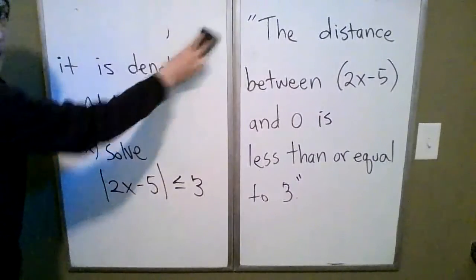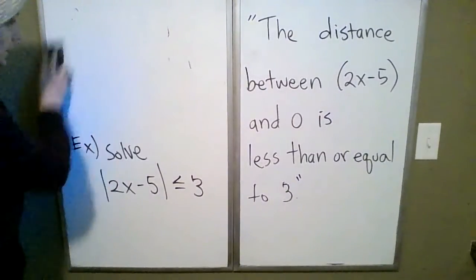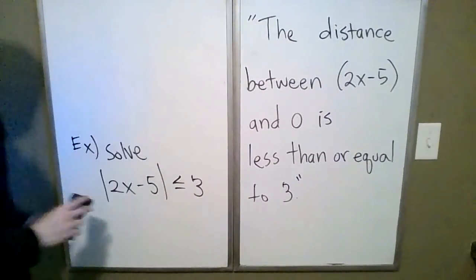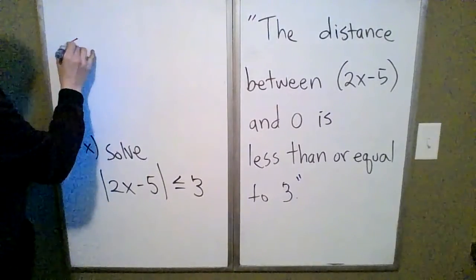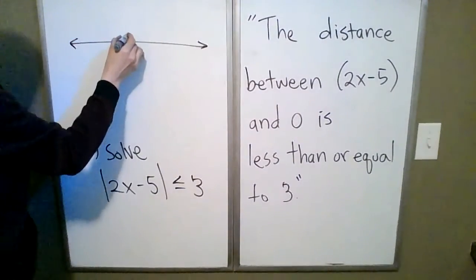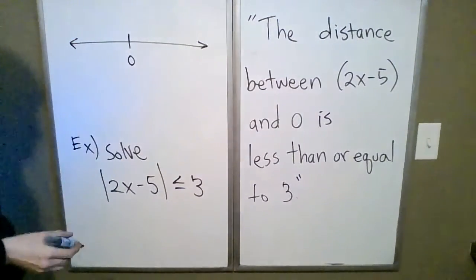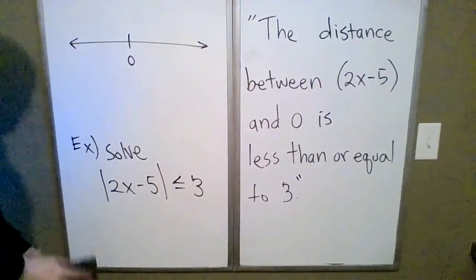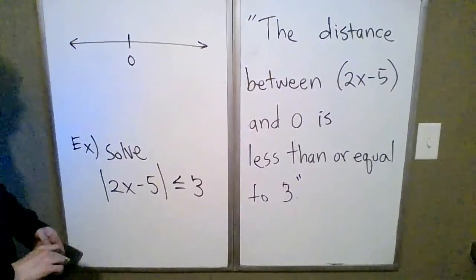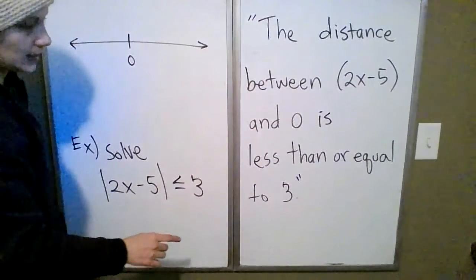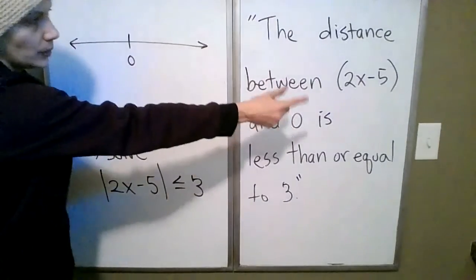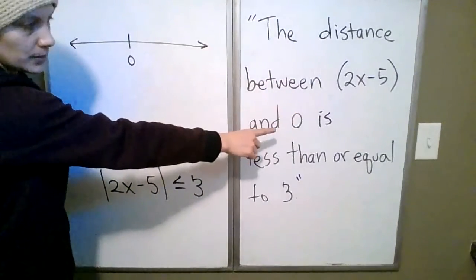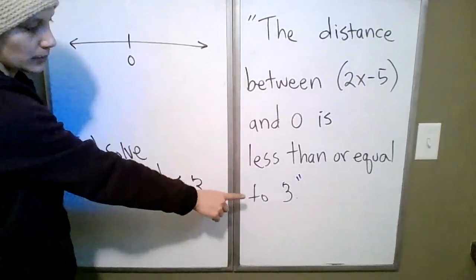Okay, now we're going to use that to sketch a graph. Place 0 first. So that value is a distance away from 0 that is less than or equal to 3.